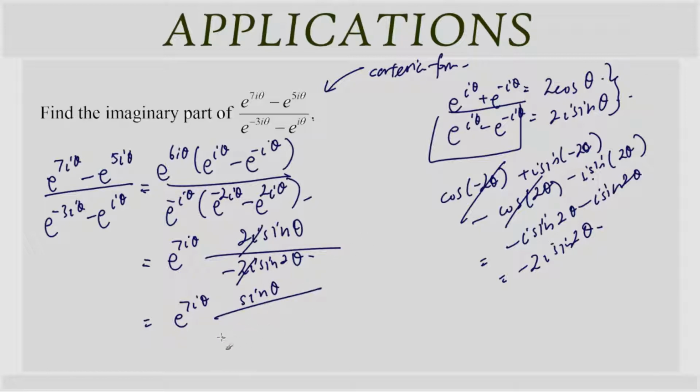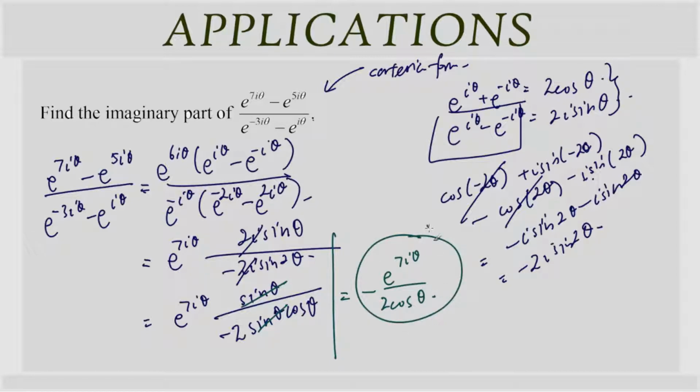Now we need to change this into something easier to work with, so we use the double angle formula, negative 2 sine θ cosine θ, and sine θ and sine θ cancel out, so this is equal to negative e to the power of 7iθ over 2 cosine θ. Now, this is way easier to work with than the chunk over here.